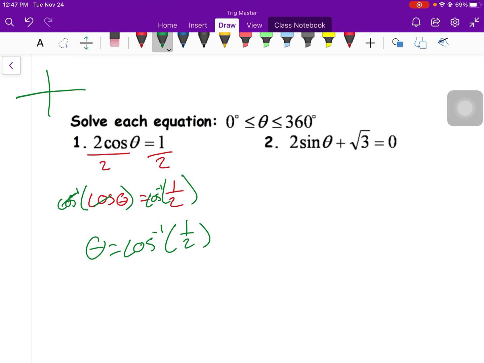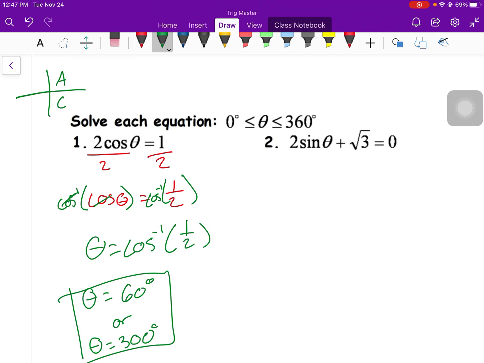Cosine of theta equaling 1/2 tells me that cosine is positive, which happens in these two quadrants. So I'm going to have two possible values. It's going to be theta equals 60 degrees or theta equals 300 degrees. Okay, 60 degrees this way or 60 degrees in the negative direction would give me a positive 300-degree rotation.